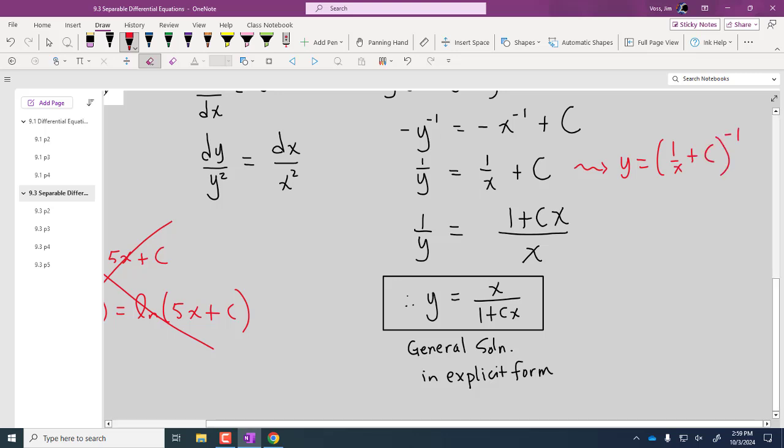That's true. Usually we want to get rid of negative exponents. I would take that as an answer. That's explicit. It's not ideal.